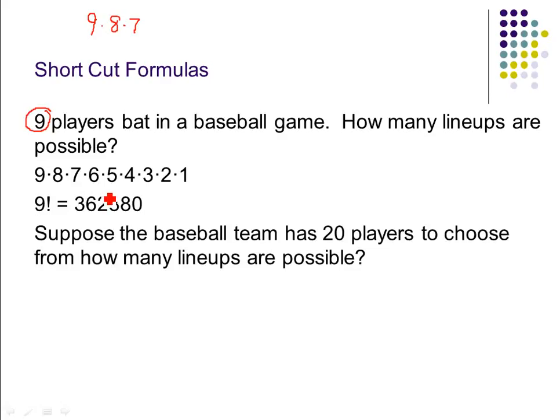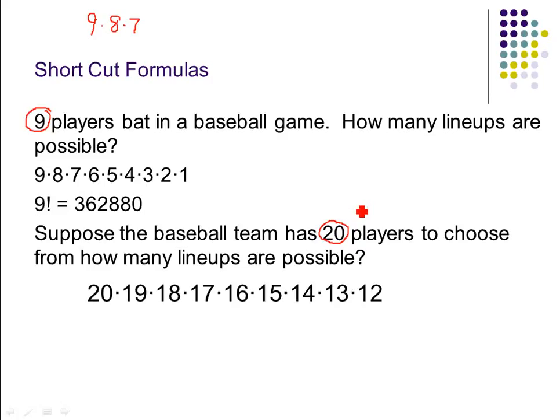Now, let's say the team actually had 20 baseball players, and I want to know how many different lineups are possible. Well, I can do the same idea. For my first person, I've got 20 choices, then 19, then 18, then 17, going all the way down until I've used 9 of them.